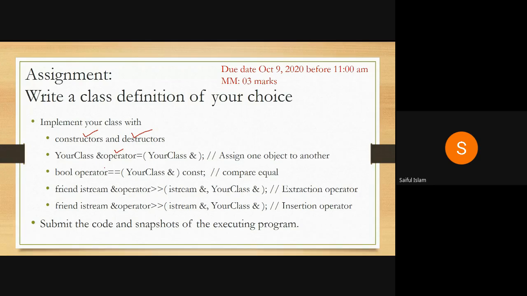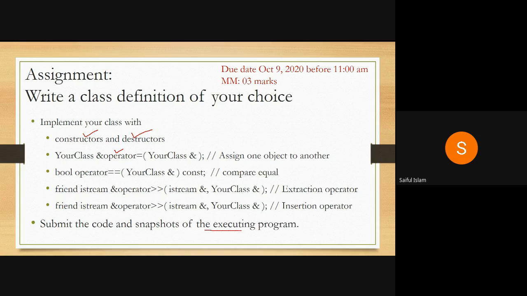I just want you to be able to use it. Then for your own class, write the input and output operators, that is, the extraction and insertion operators, as functions in your class. Now you have to submit the code and a snapshot of the executing program.